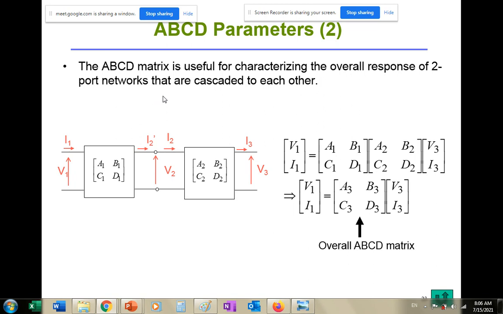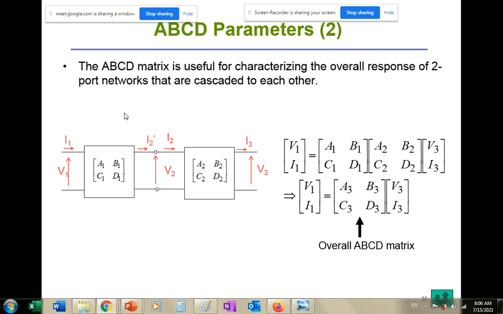In other words, once you know the value of A, B, C, and D for a particular device, you don't need to know the circuit inside there anymore. You can treat it as a black box. Yet, you can find the voltage and current at the input port and output port for any condition.